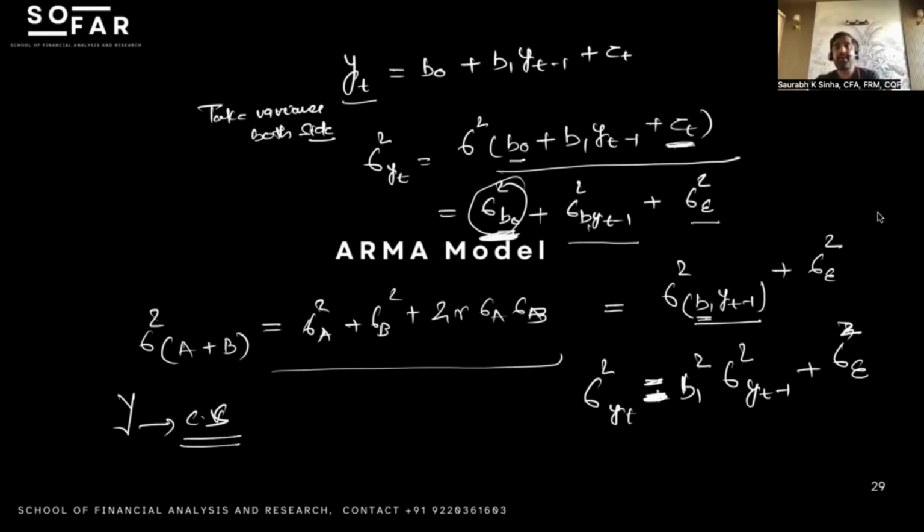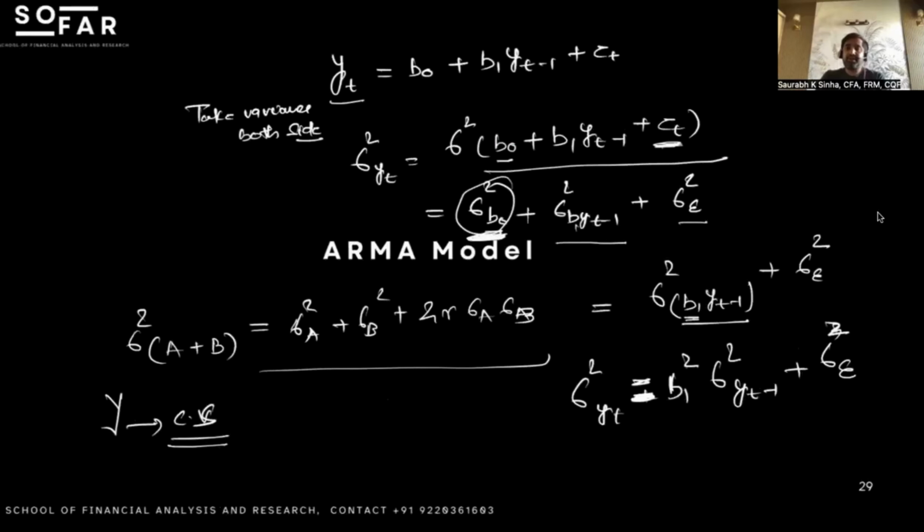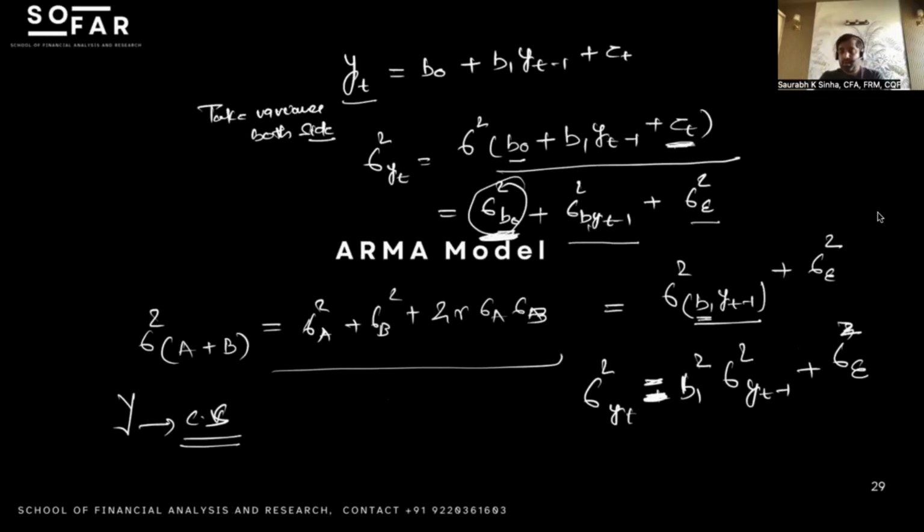What is the second property? The variance must be finite and stable over time. So my question is, will these two be different or same? The variance of YT and variance of YT minus 1. Same. So variance of YT is equal to B1 square into variance of YT plus variance of error term.